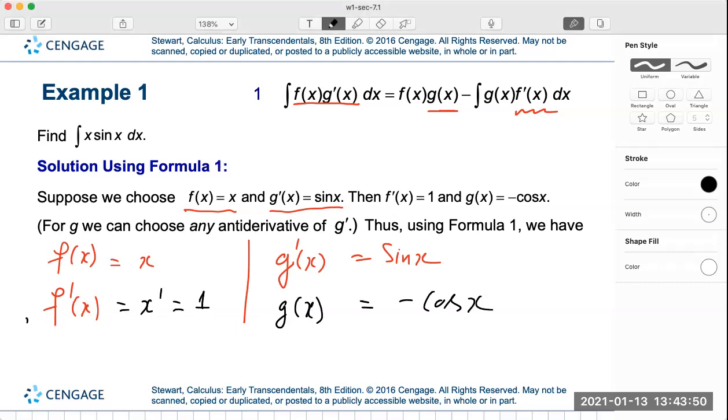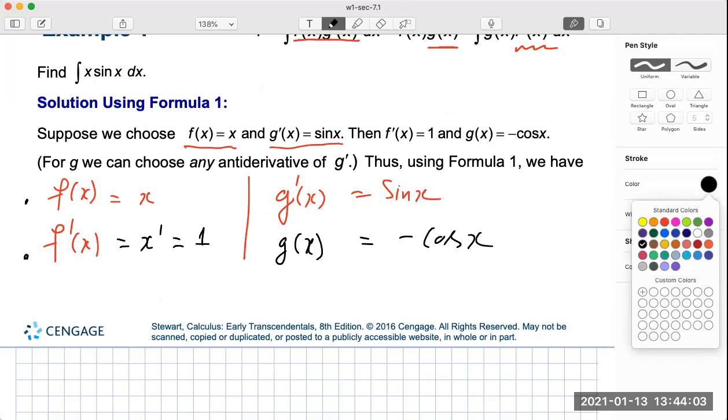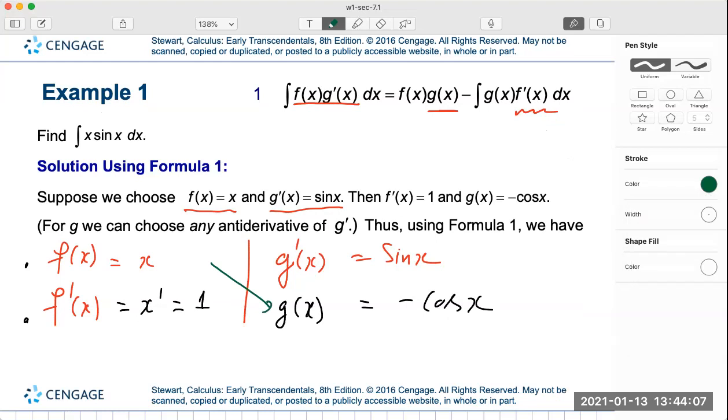So in the future, if we want to use integration by parts, this is the trick I normally use. We take this product rule. Imagine the result will be the product of f and g here. Then subtract the integral of g f prime, subtract this guy.